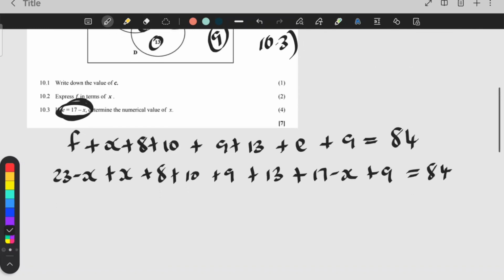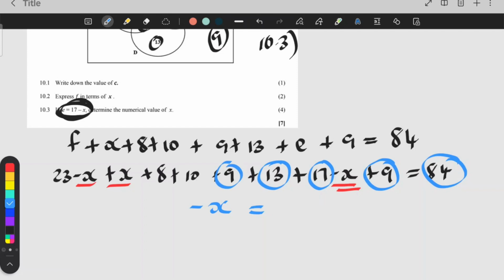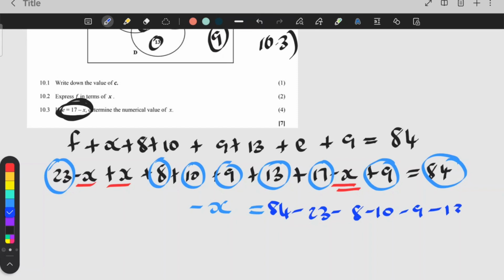Okay, so now we're just going to add our like terms. Let's underline. There's an X, there's an X, and there's an X. If you add that up, you get negative X is equal to 84 minus 23 minus 8 minus 10 minus 9, 13, 17 minus another 9.